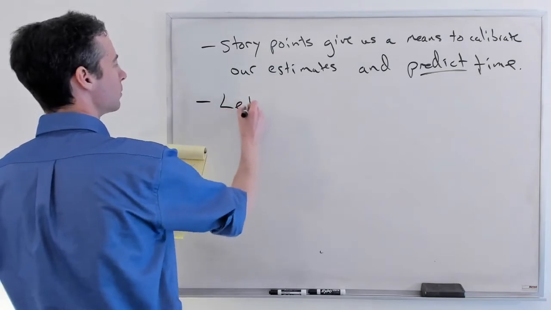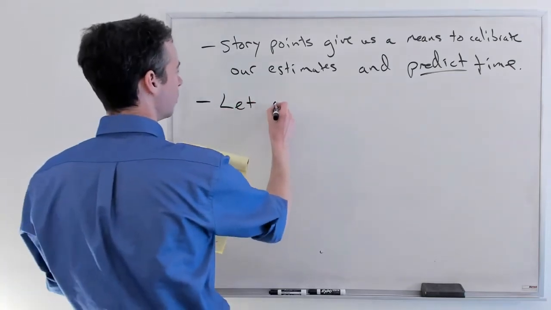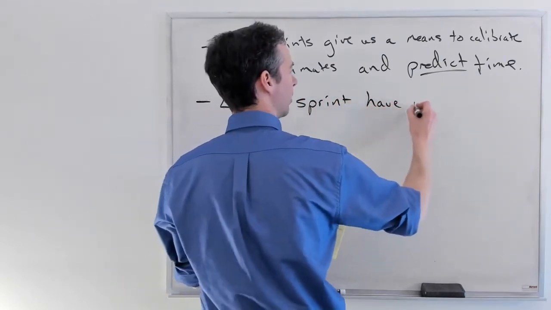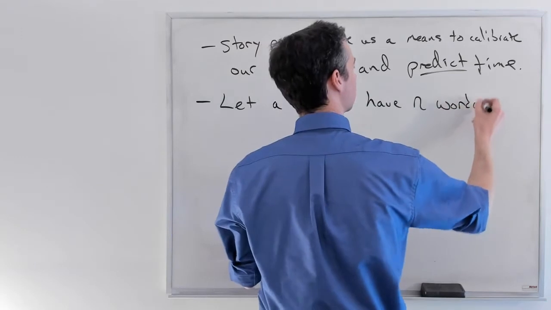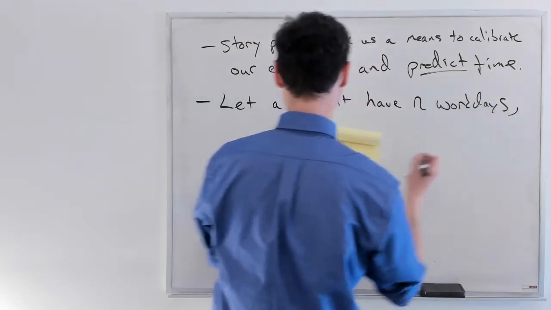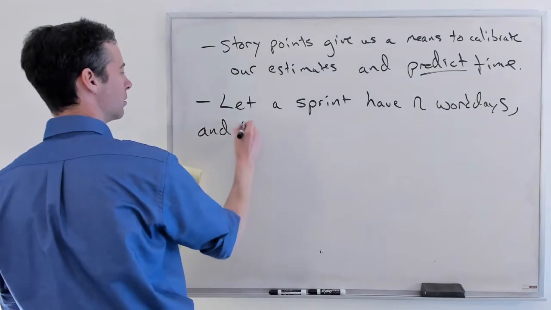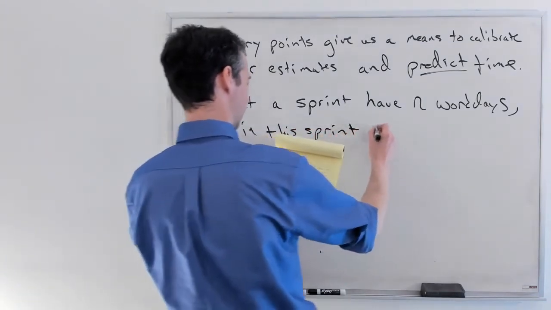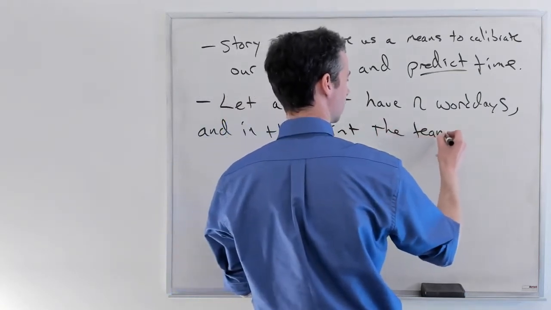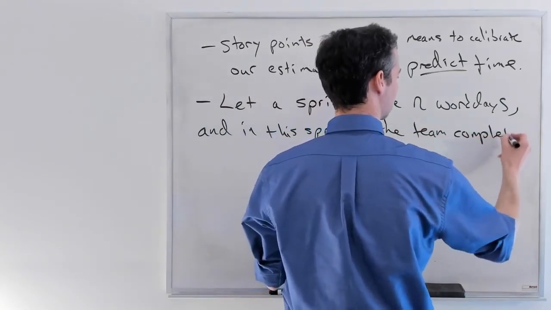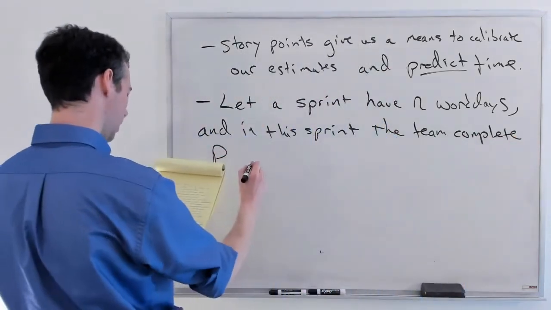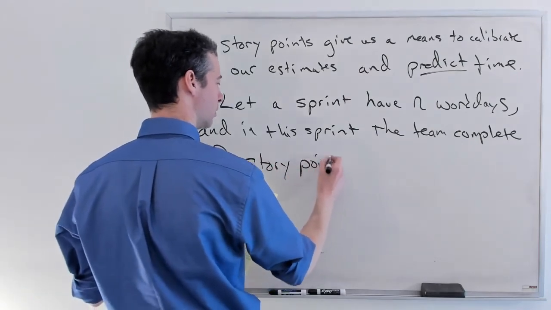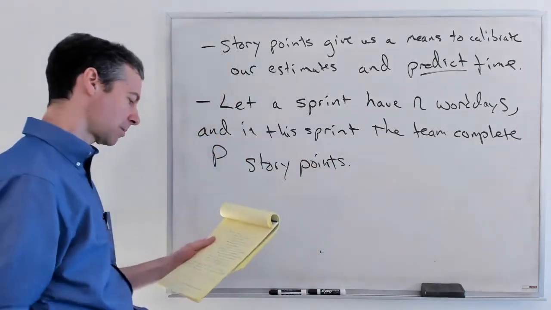Okay, so let's set it up here. Let a sprint have N work days. And in this sprint, the team completes, say, P story points in total. So these are all the stories that were fully done, acceptance criteria met.